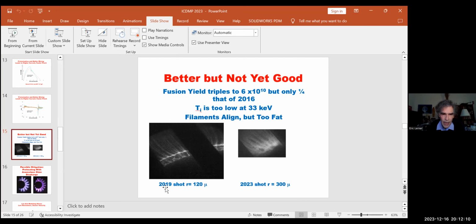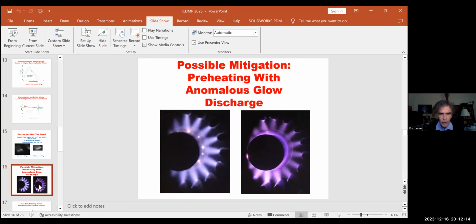Now, we were working on a number of ways to mitigate this at high pressure. One alternative is going to much higher pre-ionization currents. Instead of microamps, we were going to amps in the anomalous glow discharge regime.